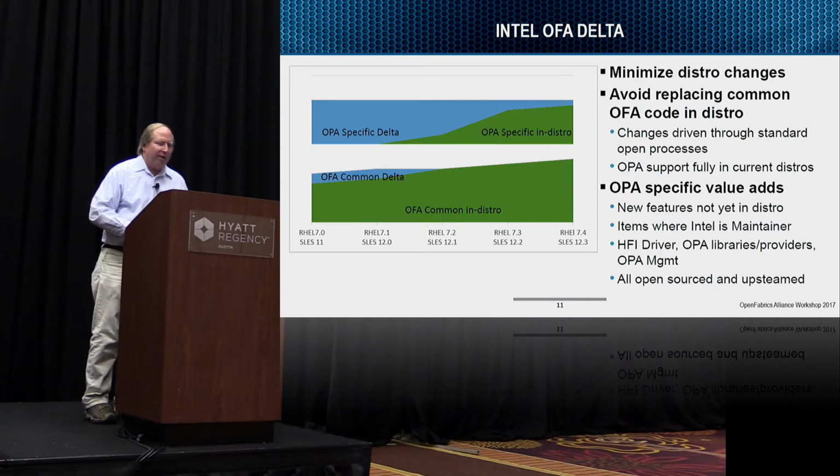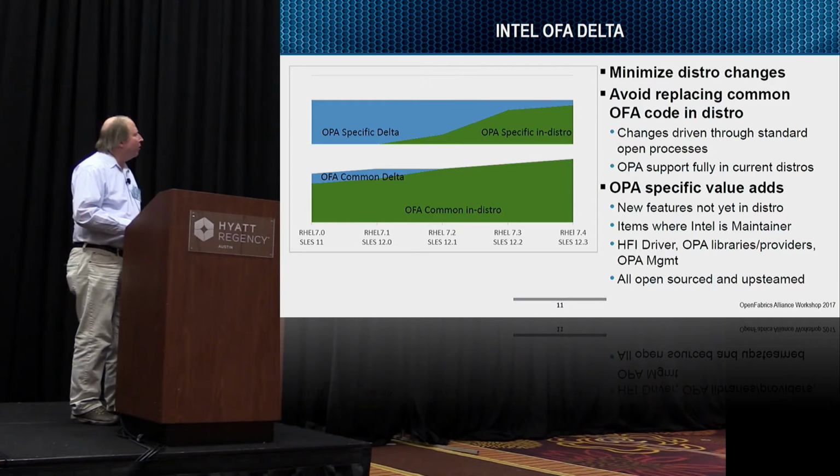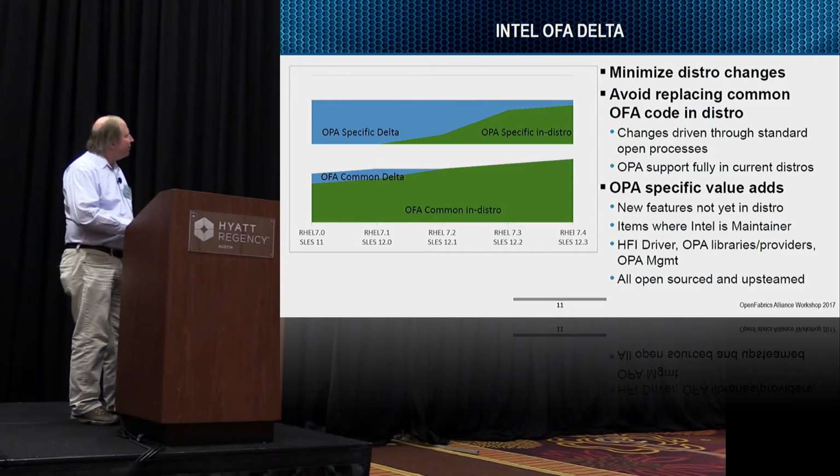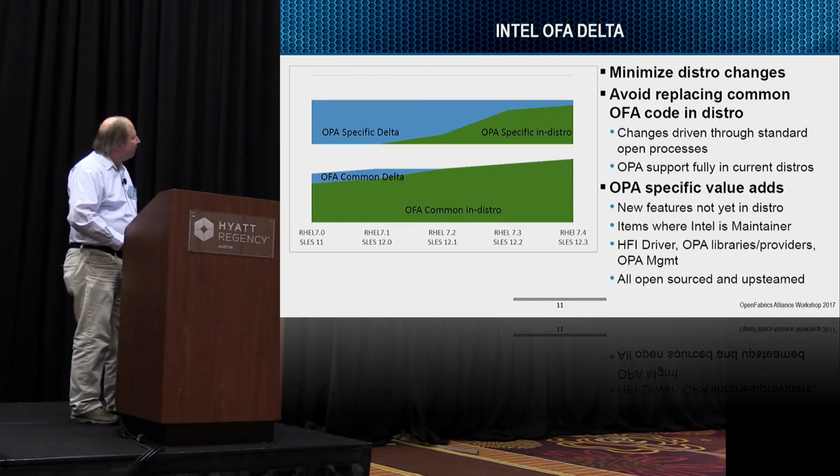To explain a little bit about what we're doing with the OFA Delta, this is a representation of a single release of our Delta and how it might be affecting different distros. Omni-Path came out after Red Hat 7.0 and 7.1 had existed, so our distribution for those needs to have a few features added to OpenFabrics, but we purposely don't replace all of OpenFabrics.